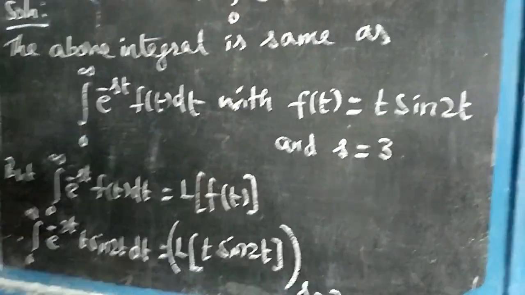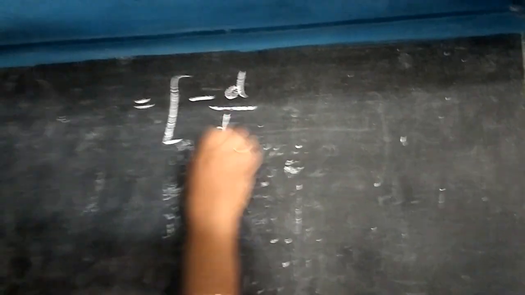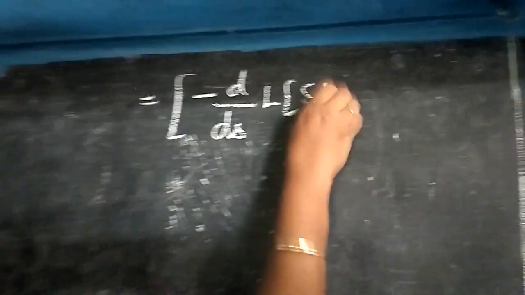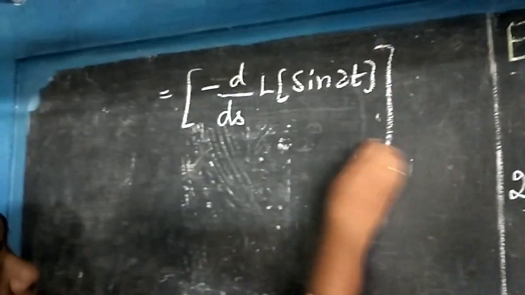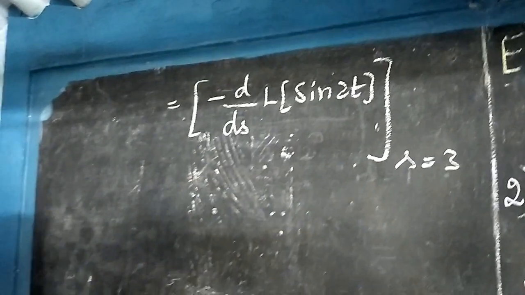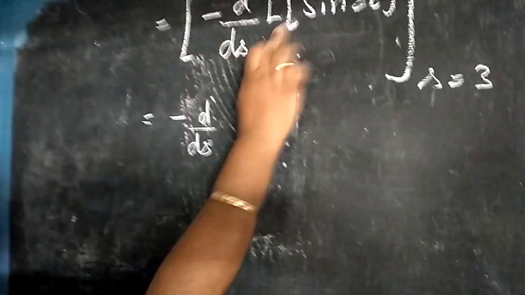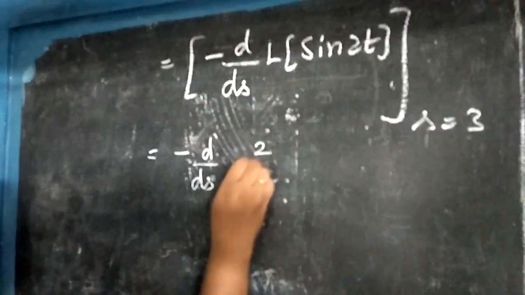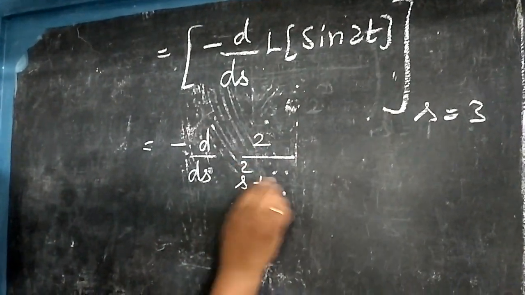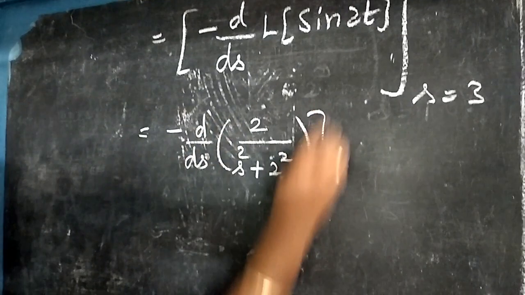Now let us find the Laplace transform of t sin 2t. It is minus d by ds of the Laplace transform of sin 2t, with s value as 3. The Laplace transformation of sin 2t is 2 by s square plus 2 square.